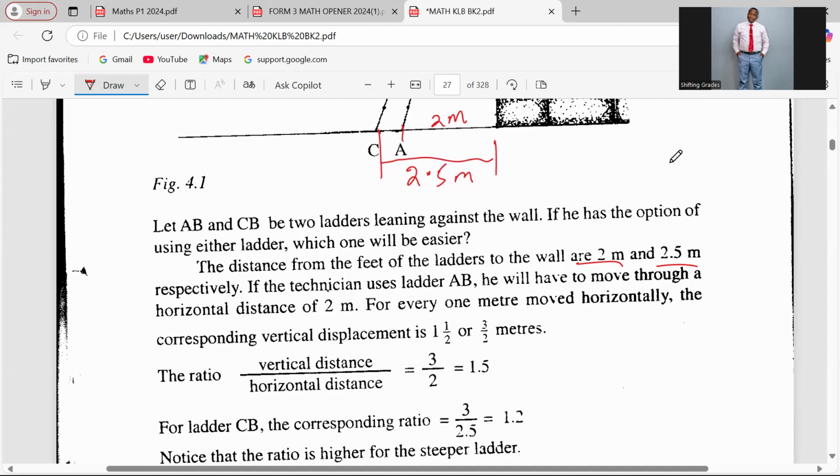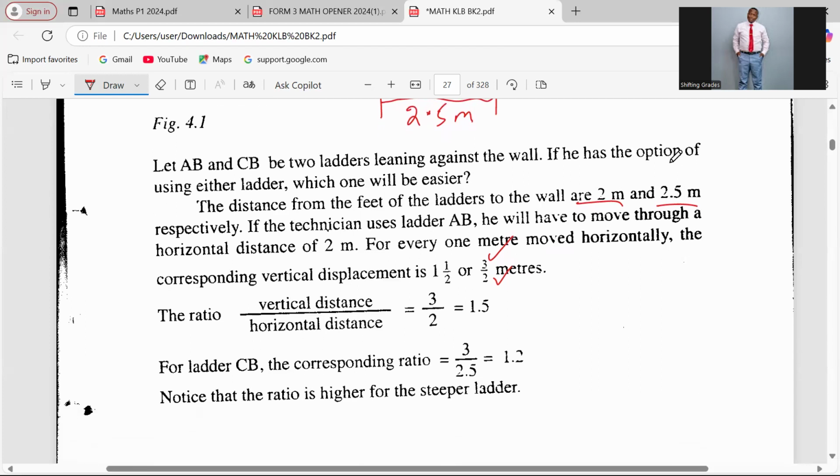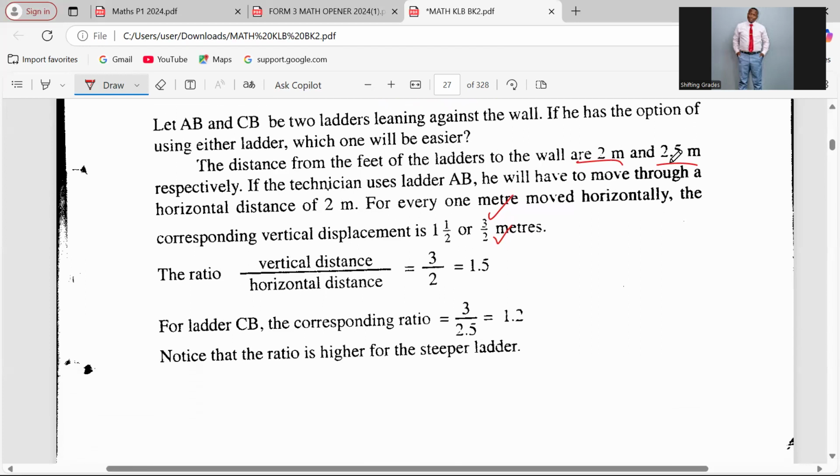For every 1 meter moved horizontally, the corresponding vertical displacement is 1.5, or simply 3 out of 2. So for every 3 in the vertical, there are 2 meters in the horizontal. So the ratio of the vertical distance to the horizontal distance is what we call the measure of the slope, or simply the gradient.